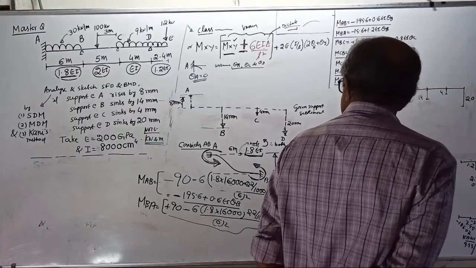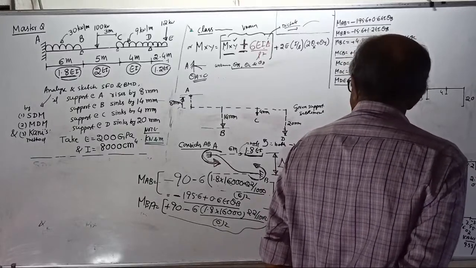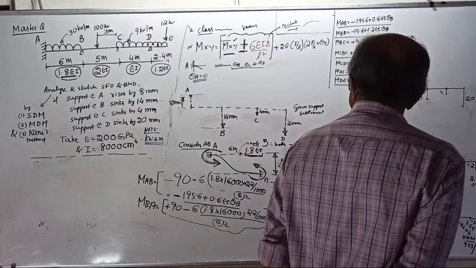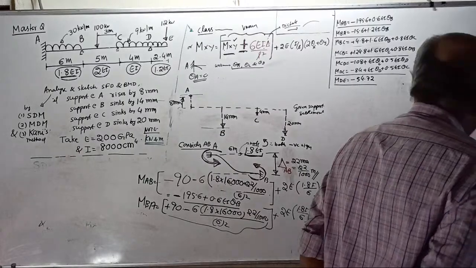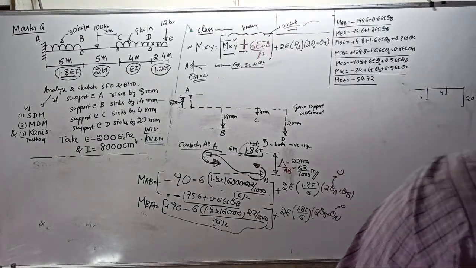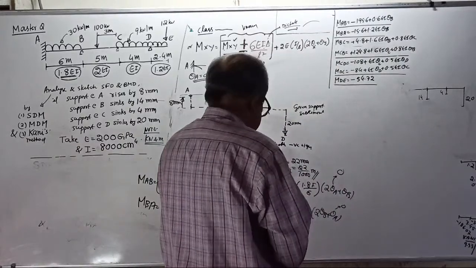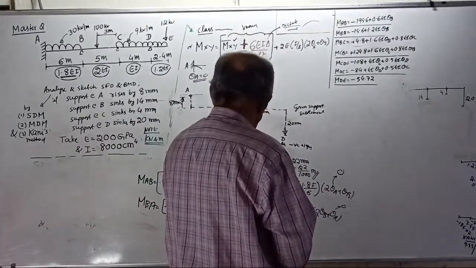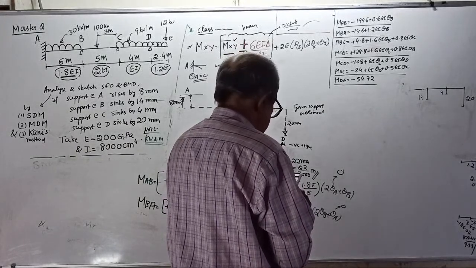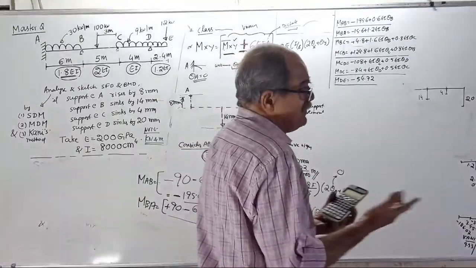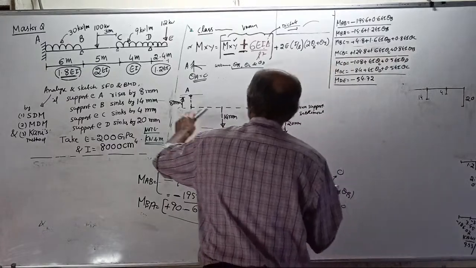Minus plus 90 minus 6 into what? 1.8 into 16,000 into 22 by 1000 by 6 square. You are telling all wrong values. See, you are wasting time. Unnecessarily wasting my time. 90 minus 6 into 1.8 into 16,000 into 22 by 1000 divided by 36, minus 15.6. This much time for calculation. No, you are wasting a lot of time.